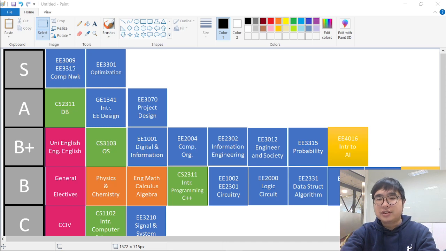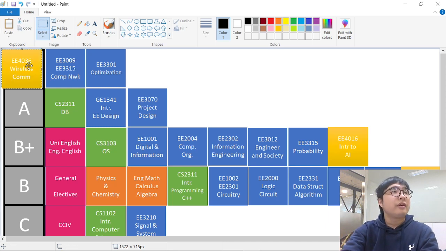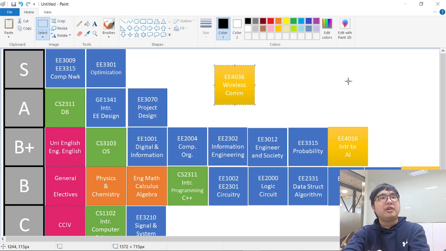Next up is EE 4036, wireless communication. It's actually a course taught by my current supervisor. All in all, I think it's a pretty math-oriented course. You do have to do a lot of calculations, like the signal strength, free path loss, attenuation, and link budget.